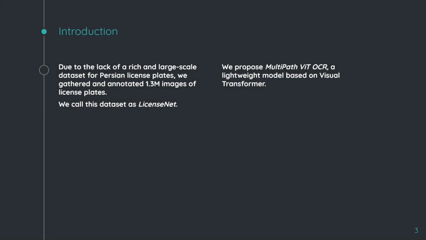Due to the lack of rich, large-scale license plate datasets, we first built the LicenseNet dataset, which is a rich and larger-scale license plate dataset consisting of 1.3 million images.